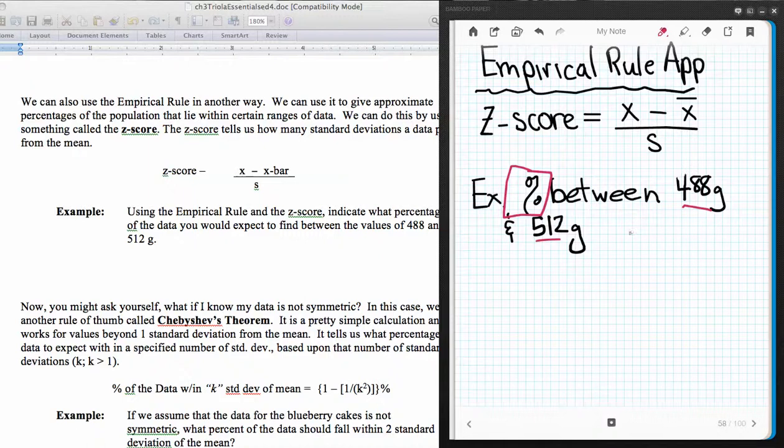And in order to do this, what we need to find out is how far away from the mean our values are, so we can then interpret in terms of percentages according to the empirical rule.